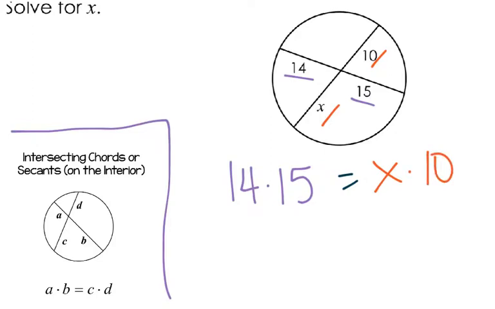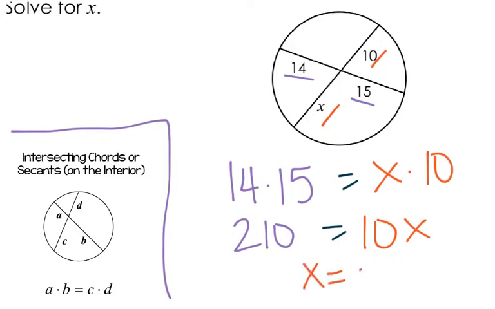So 14 times 15 is 210. And that equals x times 10, which is just 10x. And then to get rid of the 10, we're going to divide both sides by 10. So, not too bad. X equals 21. Yay! And we're done with that one.